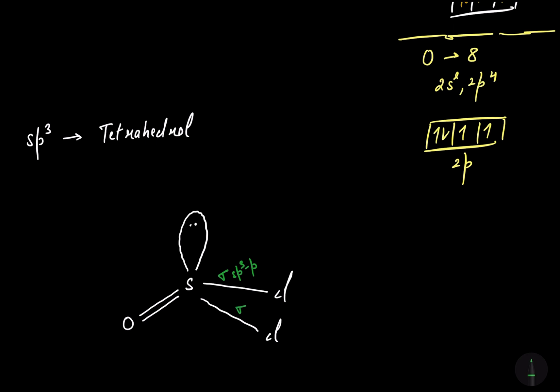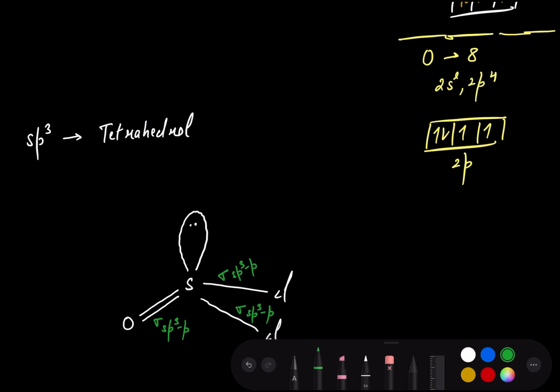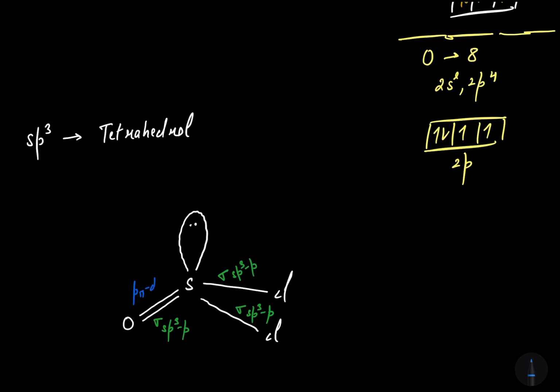In the same way, the other bond is also sigma sp3p, and the sigma bond between sulfur and oxygen is also sigma sp3p, and lastly the pi bond formed over here is p pi d pi bond. Now, here a lone pair is present, so we will not call this geometry tetrahedral. This geometry will be called trigonal pyramidal.